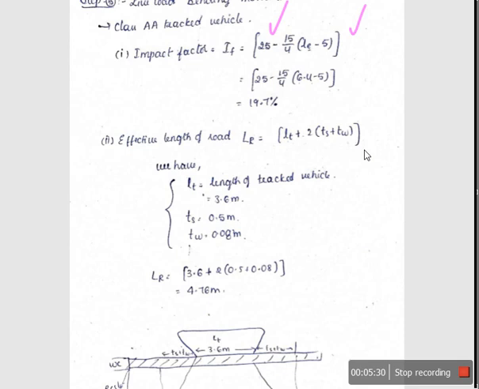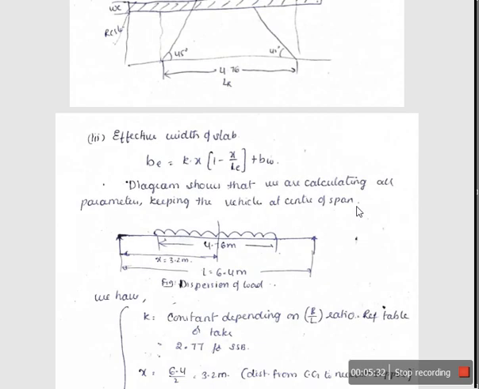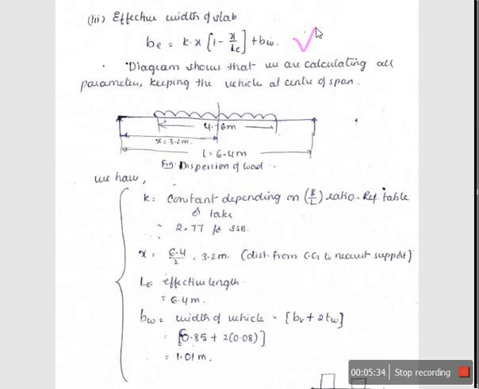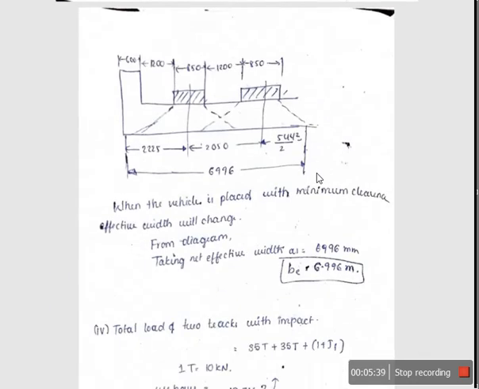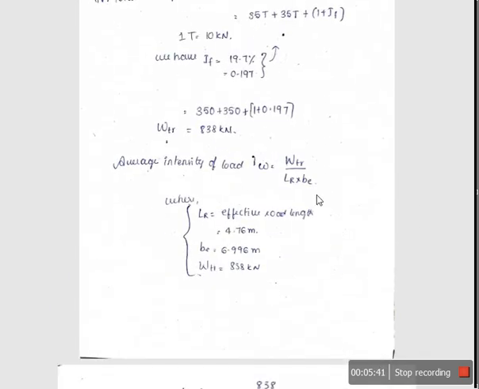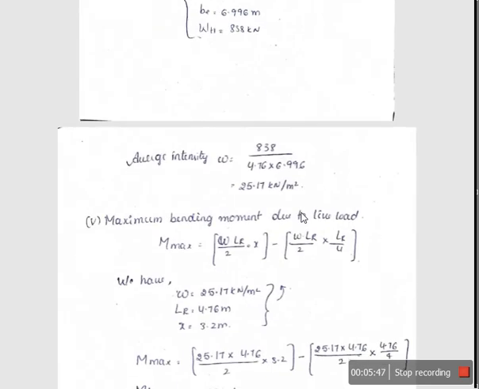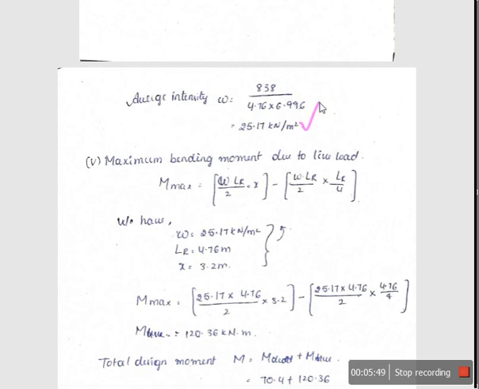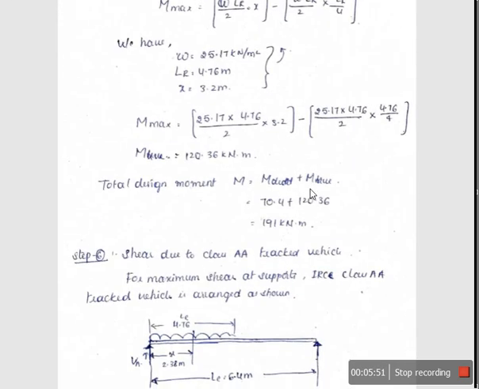Then we calculate the effective length of the road and, as discussed earlier, the effective width of the slab. The entire loading is divided by the area, so the average intensity of loading is calculated. From this, the intensity of loading per meter length along the slab is calculated.